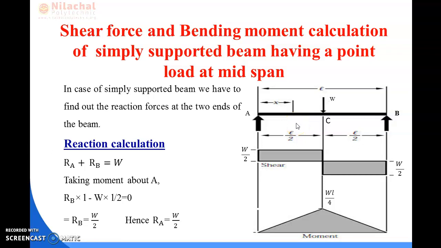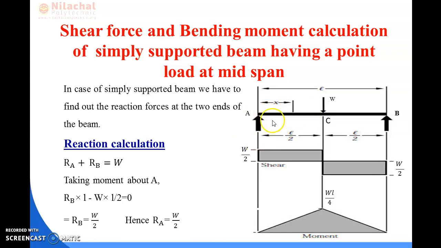So in case of a simply supported beam, first of all we need to do the reaction calculation. That means the reaction at both ends of the beam. Reaction at A is denoted as RA and reaction at B is denoted as RB. According to the equilibrium condition, the total downward force will be equal to the total upward forces.